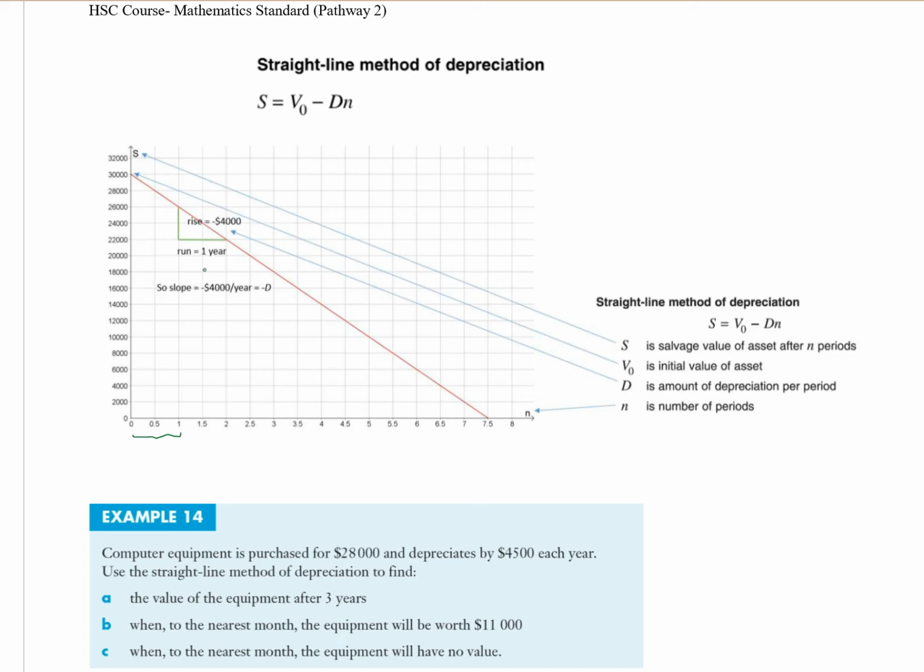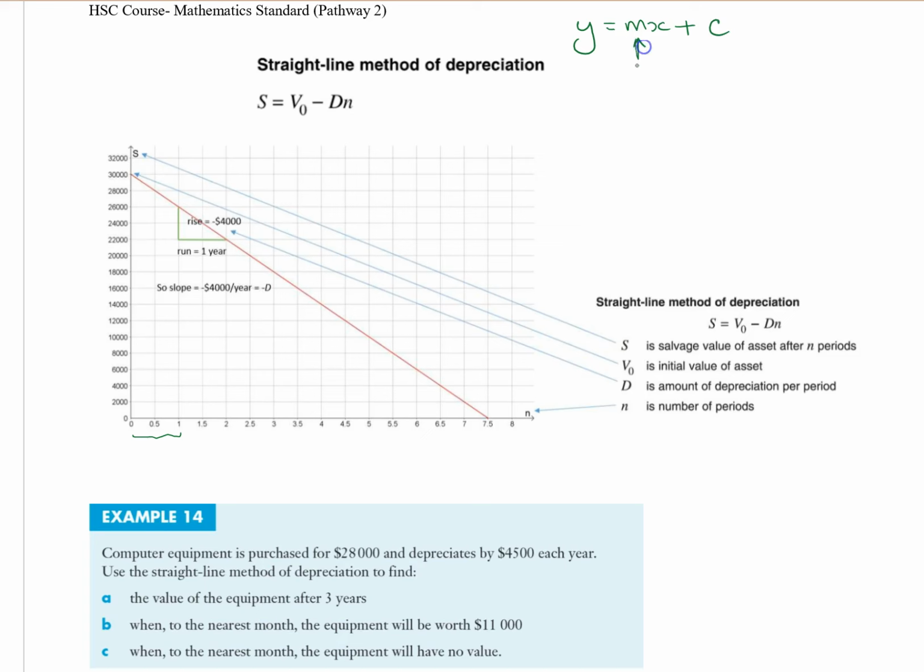Now, what are the features of the straight line? We can see that line has a negative gradient. Where does that come from? If we take our formula and knowing that it is a linear function, now we normally write our linear functions as y equals mx plus c.